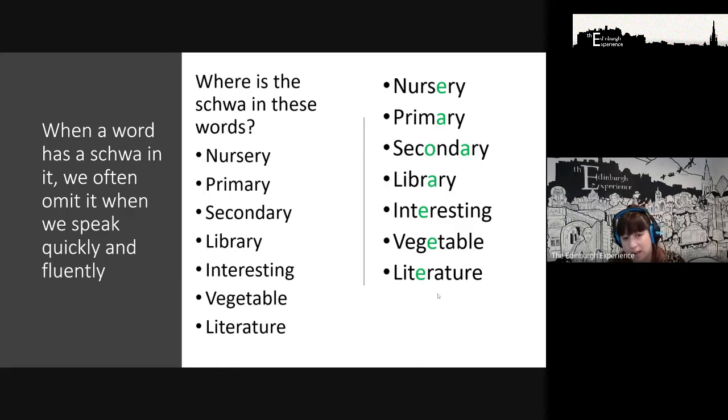So when I'm speaking quickly, what I will usually do, because it's a weak vowel sound anyway, and if you look at them, they all come with a vowel sound before them, right? So we have a vowel sound here, here, here, here, here, here, here, right? So all of them have a vowel sound beforehand. Because we already have a vowel sound, I can take away that extra vowel because then we follow it with another vowel sound, okay?